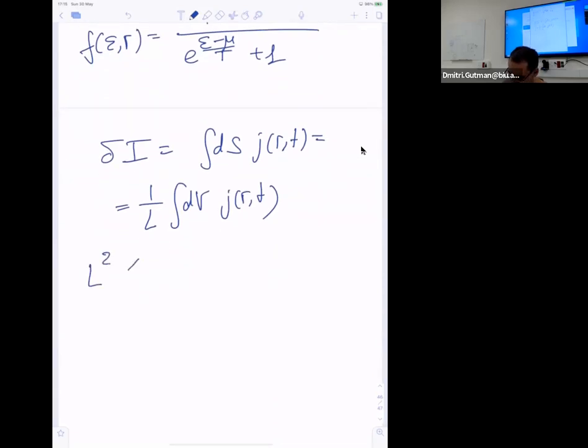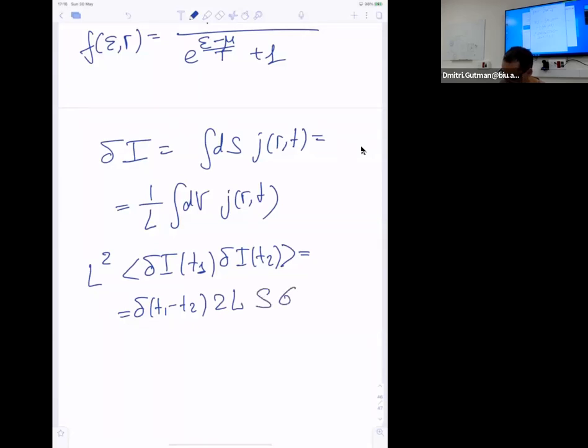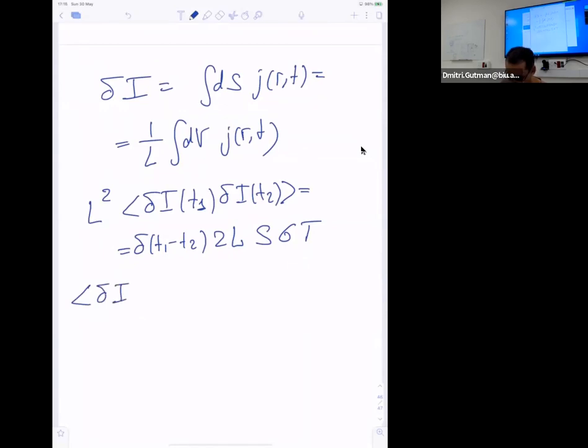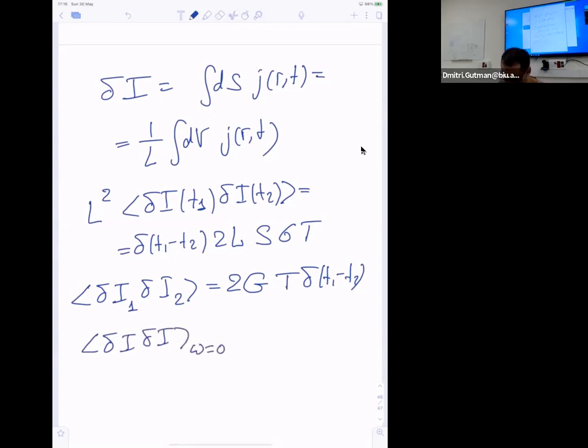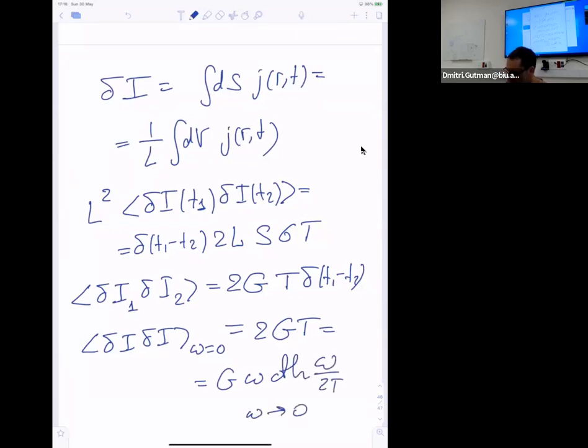Then you get from here that L squared dI at the time 1, dI at the time 2 is equal to delta function T1 minus T2, 2L surface area sigma T. In other words, delta I at moment 1, delta I at moment 2, will be equal to 2 conductance temperature delta function T1 minus T2, which in the Fourier space, delta I in the Fourier will be equal to 2GT, which is just a classic counterpart of the fluctuation dissipation theorem in the omega goes to 0 limit, or omega much smaller than temperature. As it should.